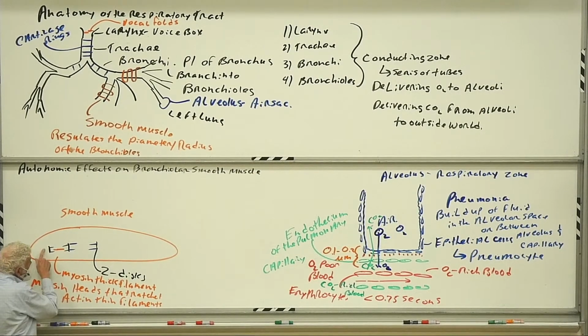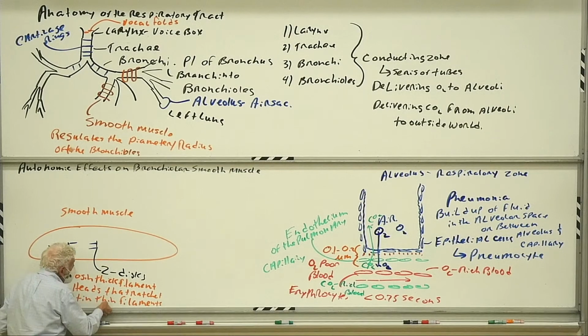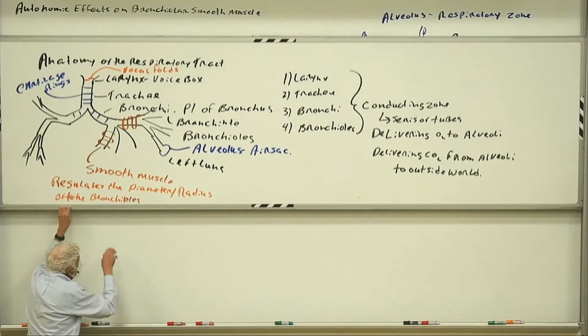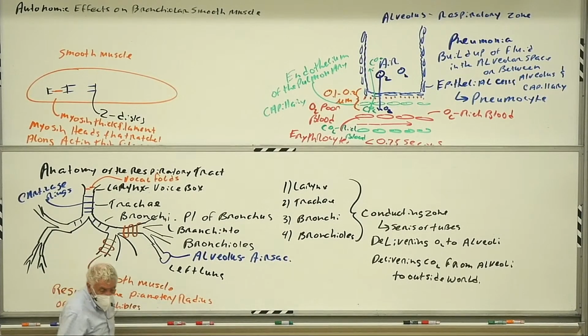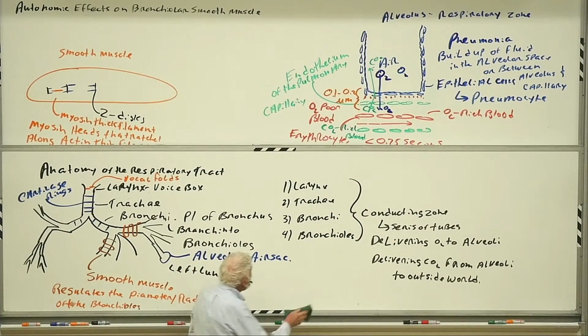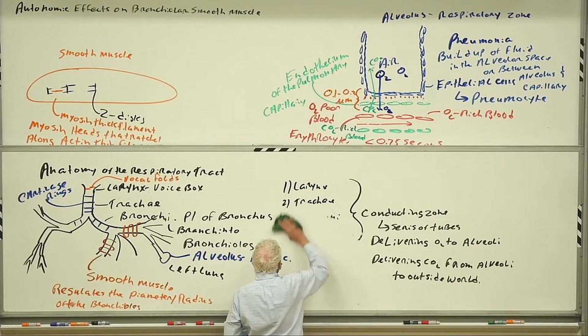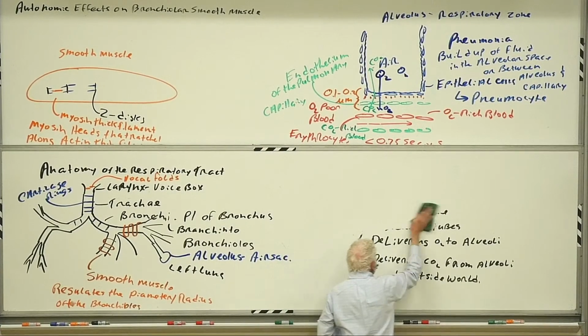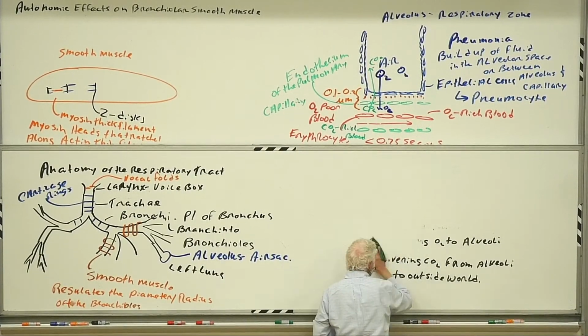So now let's think about the control systems for this. Go up to the upper right-hand panel first. We're going to see that that smooth muscle is in fact under autonomic control. And the autonomic control here is going to be slightly different, but familiar to what we talked about with the heart.